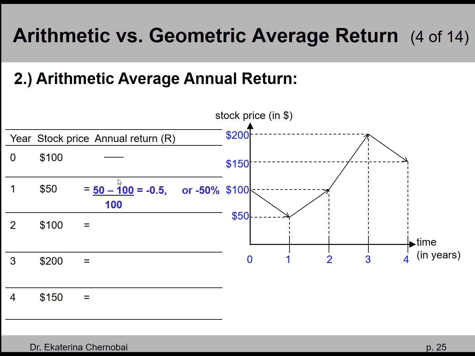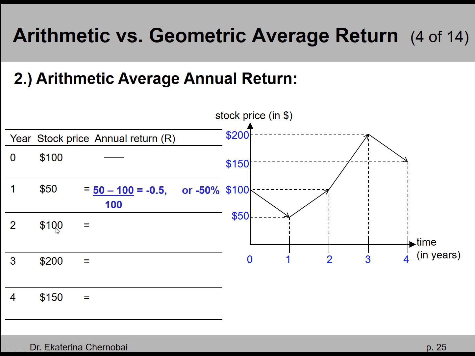Now we can use the same little formula, new minus old divided by old, to calculate the percentage return in the remaining 3 years. So what's the percentage return when you go from $50 to $100? The money doubles, right? What does it mean that the money doubles?